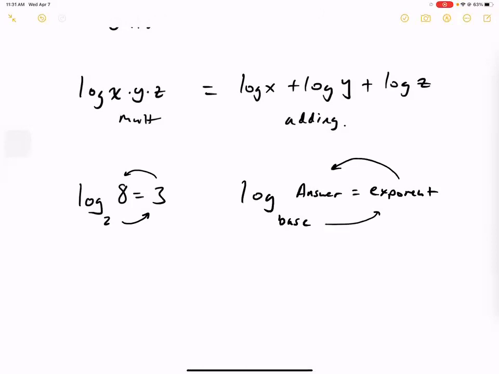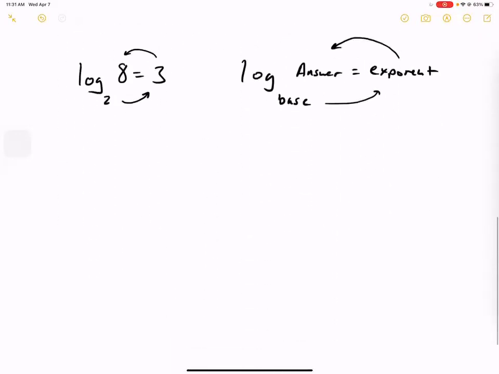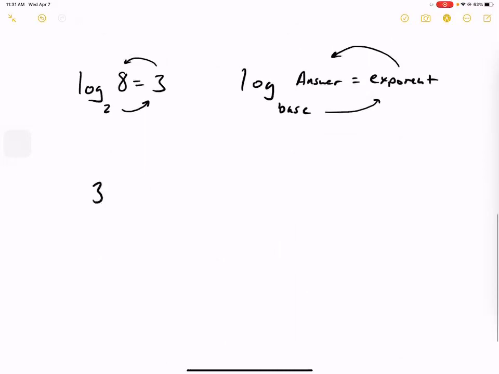Now, I want to take us back to what happens when I'm multiplying. If I give you 3 squared, that is equal to 9. If I rewrite this as a log, it's log base 3 of 9 is equal to 2. So the idea here is this is the answer.